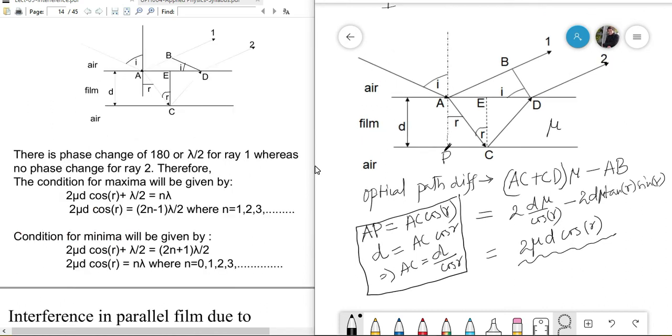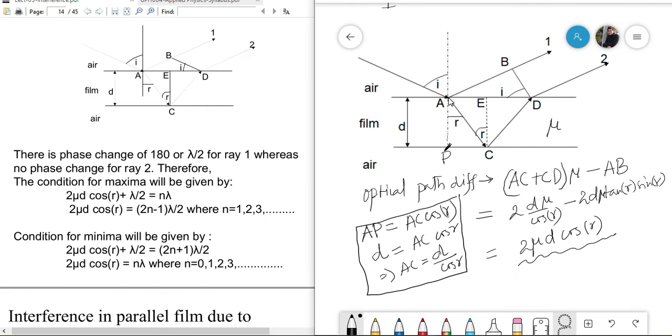Now there is another very important point that we have to think about, which is the Stokes relations that we derived and discussed in another video. From the Stokes relations, what we have to think about is, as this ray is getting reflected from this point A, this ray comes from a rarer medium and gets reflected from a denser medium.